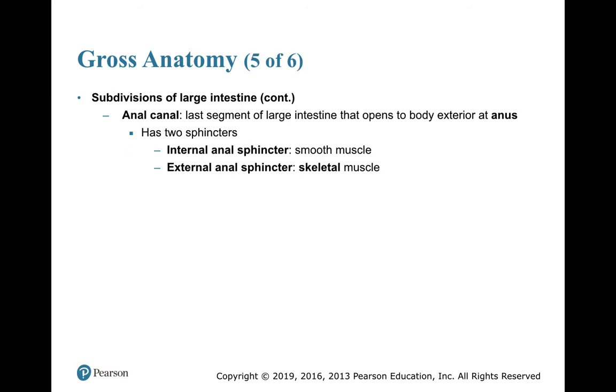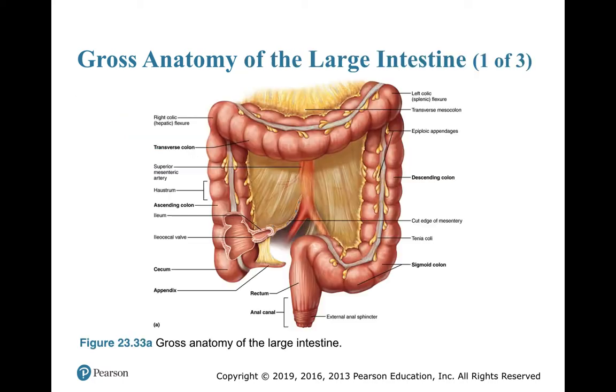The anal canal is the last segment of the large intestine. It opens to the body exterior at the anus, and here there are two sphincters, an internal anal sphincter and an external anal sphincter. The internal anal sphincter is composed of smooth muscle. We do not have conscious control over it. The external is skeletal muscle, so we do have conscious control over that.